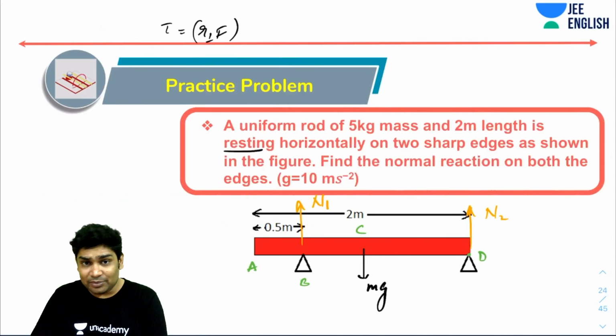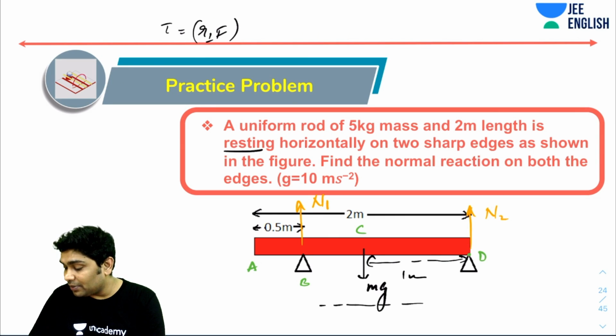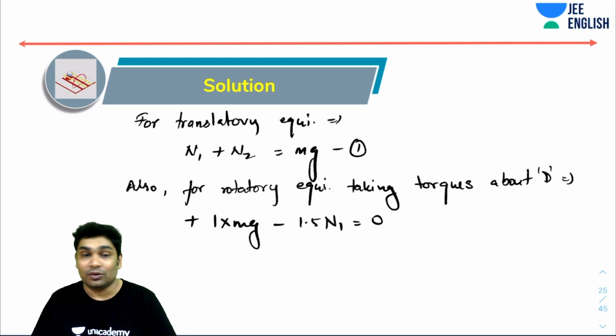So what is the torque of mg? Mg has a perpendicular distance of 1 meter. N1 has a perpendicular distance of 1.5 meter. So mg's torque would be plus 1 times mg and N1's torque would be minus 1.5 times N1, and this must be 0.